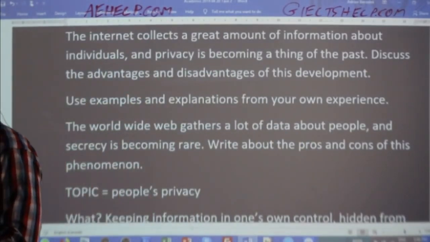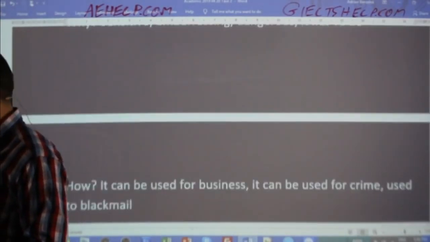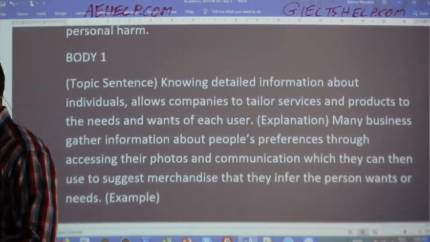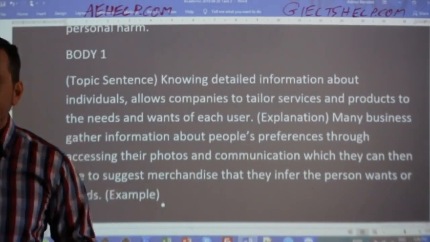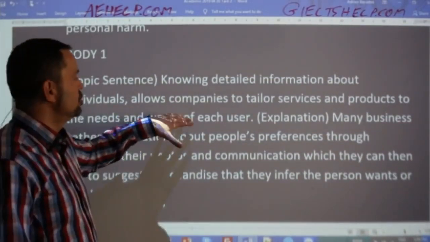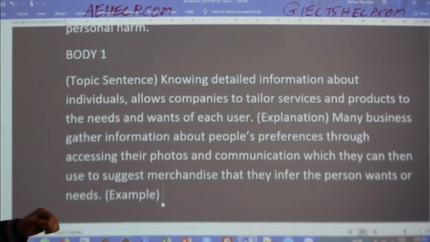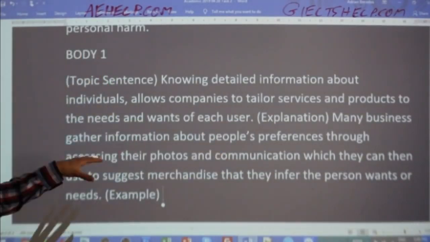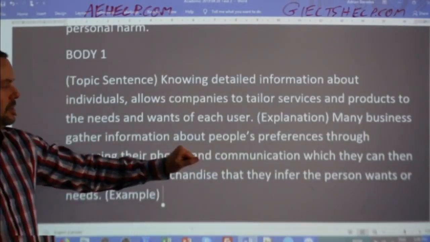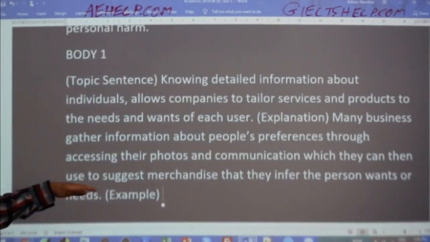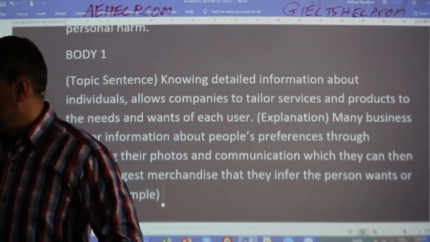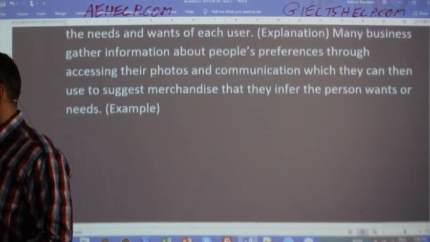Okay, it's items you purchase or buy. It's merchandise. Just paraphrasing to show lexical resource, right? So again, knowing detailed information about individuals allows companies to tailor services and products to the needs and wants of each user. Many businesses gather information about people's preferences through accessing their photos and communication, which they can then use to suggest merchandise that they infer the person wants or needs. All right?